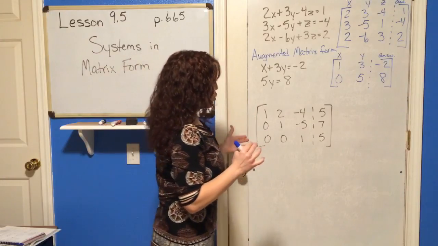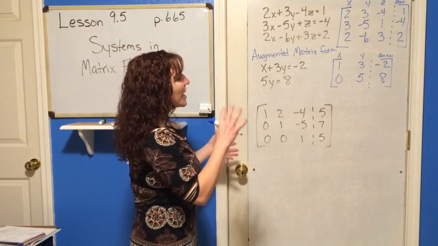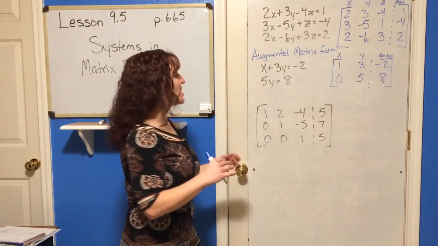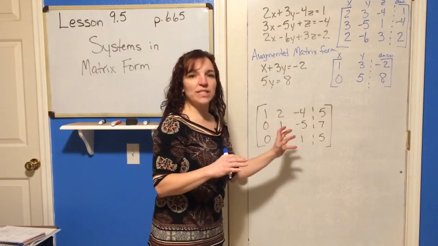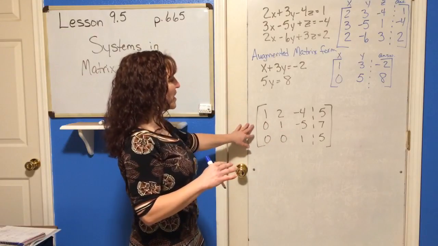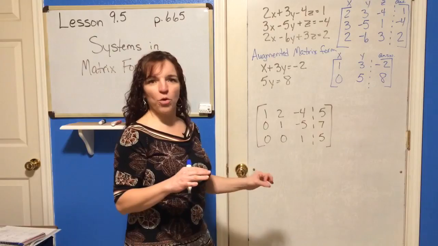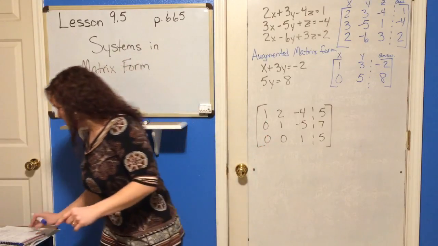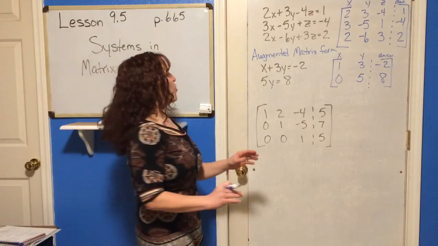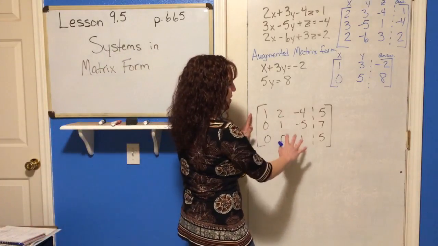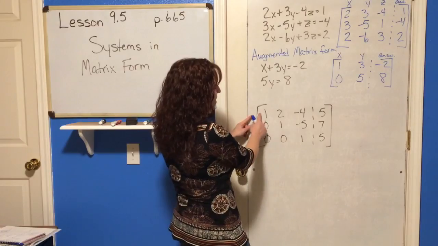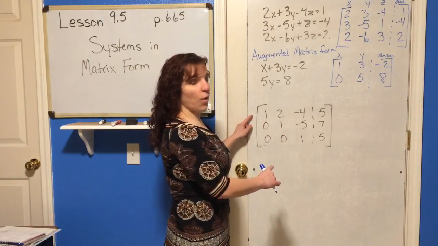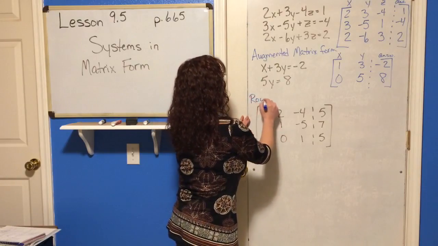Now, there's a certain type, and if we had more time in this quarter, we would do more of this, but I'm just going to show it to you this time. This is Row Echelon Form. Row Echelon Form is an augmented matrix that has ones in a diagonal with zeros under the ones.